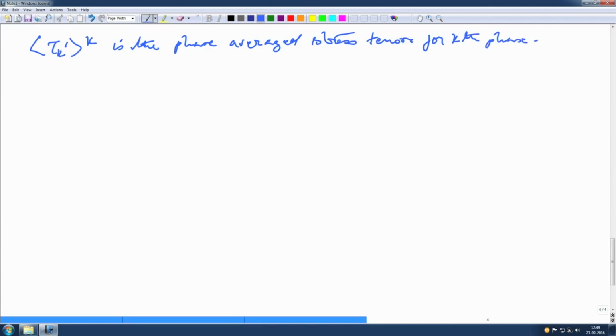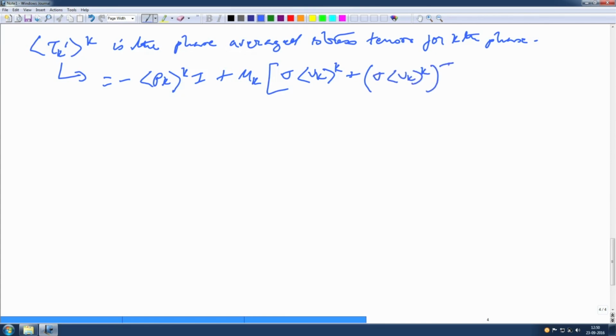This stress tensor can be further written as, corresponding to the pressure, this is the viscosity, minus 2/3 mu k, okay. So that is the stress tensor that you see.